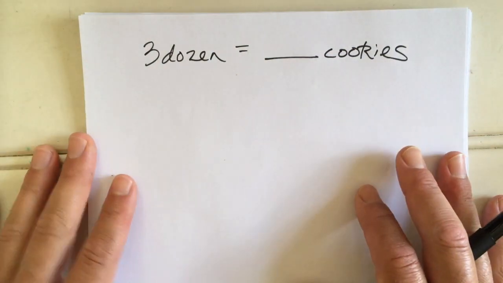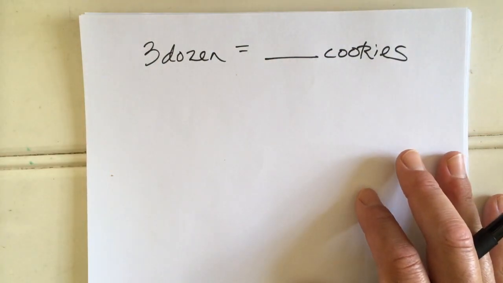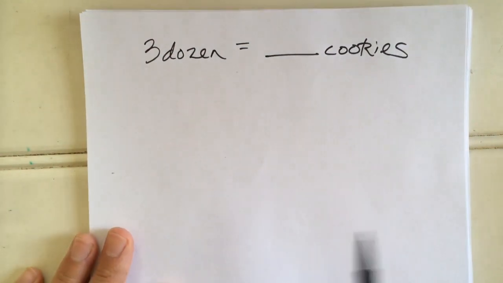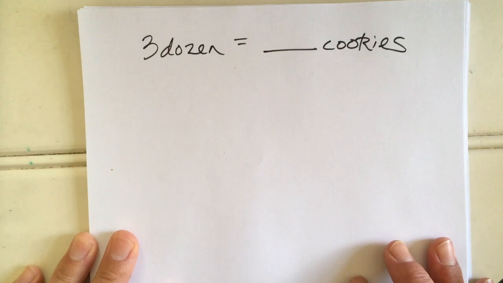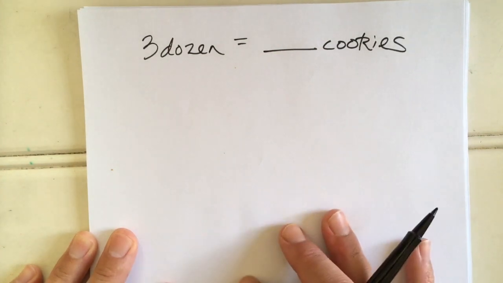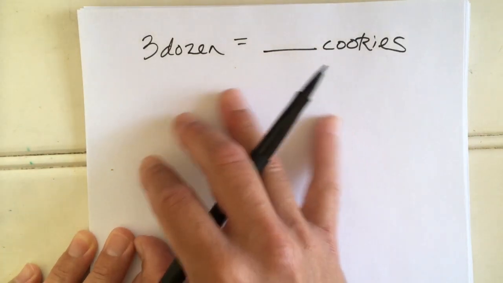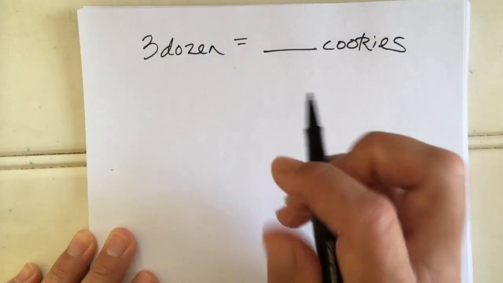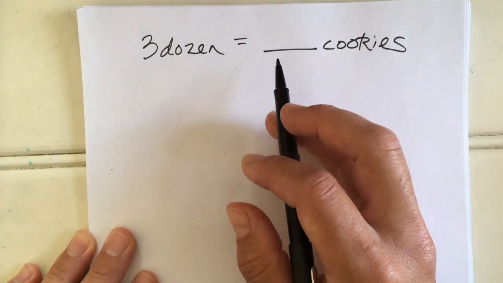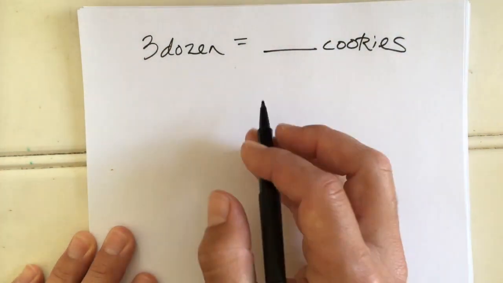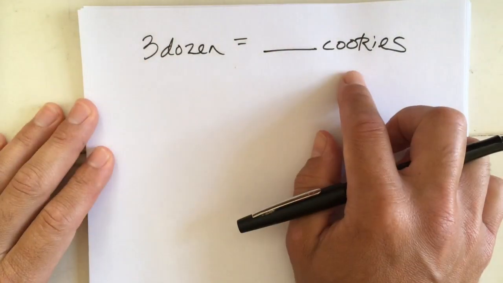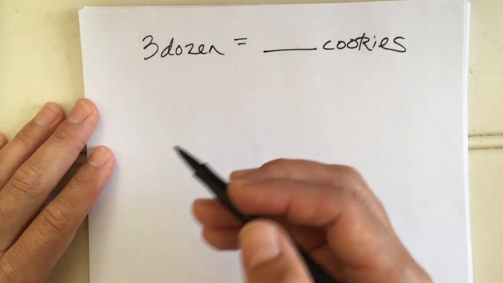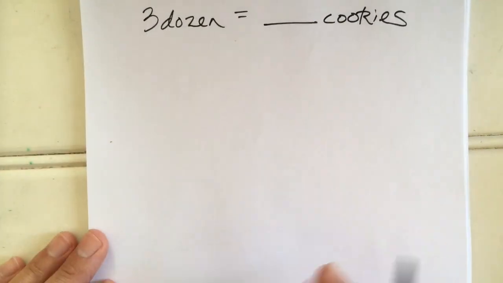That's not the point of what we're doing here. What you have to realize is when you're doing conversion factors, I always want you to show your work, because what we're after here is the method. We're trying to learn how to use conversion factors more so than we are just trying to get the right answer. So the method is what I want to see here. So when you get a problem like this, there are rules, just like there were before.